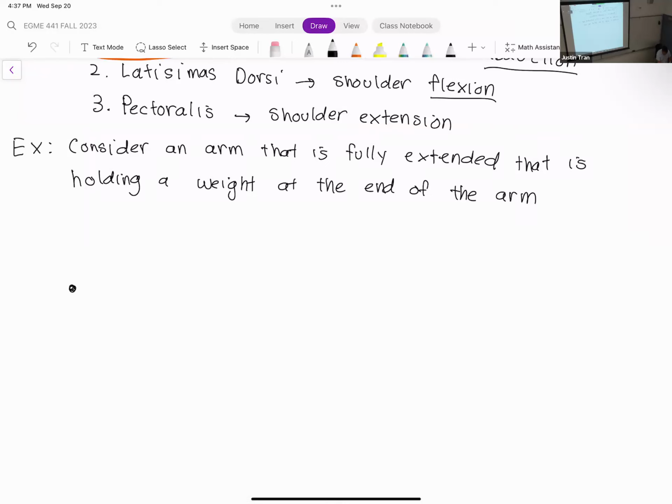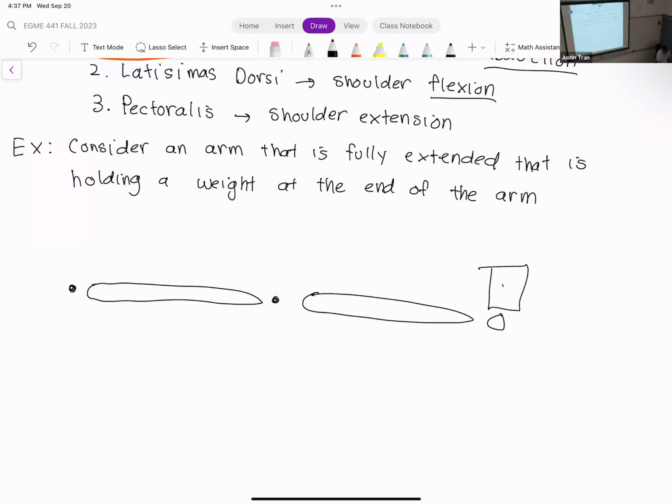So the example looks like this. You're going to be seeing lots of boxes in this class because that's just the generic weight symbol I have. It's just a box.